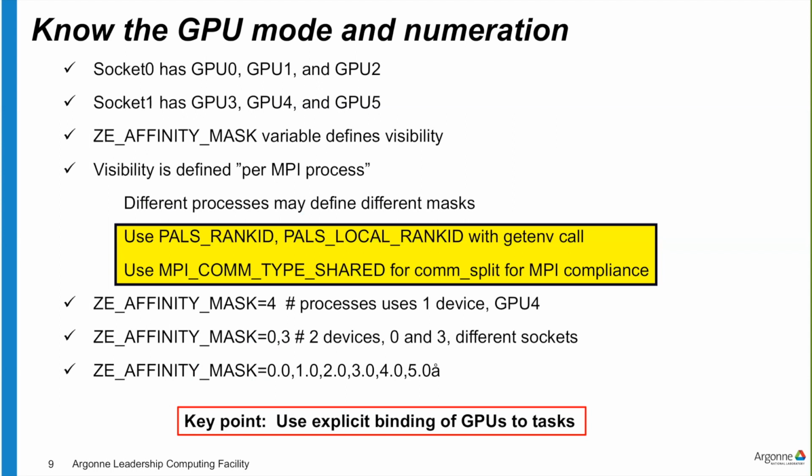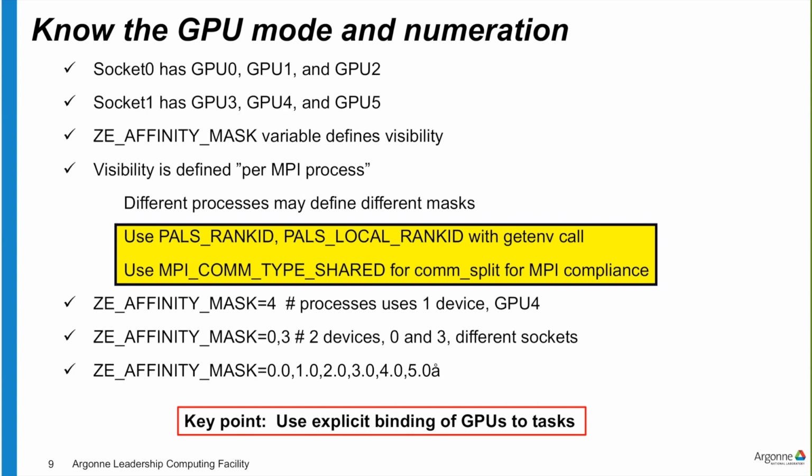GPU enumeration. Each socket has 3 GPUs. Similarly to NICs, GPUs are not node shared resources. They are socket shared resources. Because of that, socket 0 uses GPU 0, 1, and 2. Socket 1 uses GPU 3, 4, and 5.